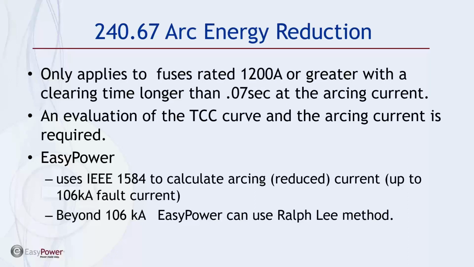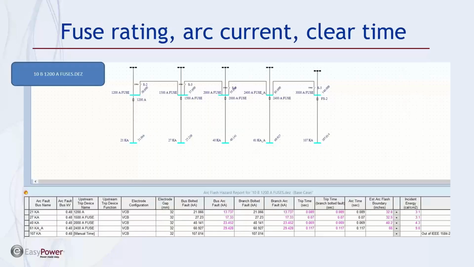Finally, beyond 106,000 amps, which is the limit or scope of 1584, EasyPower uses the Lee method to determine incident energy. With that caveat, I wanted to run through a quick example.